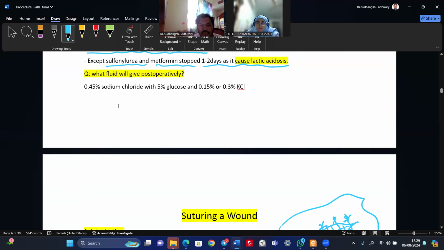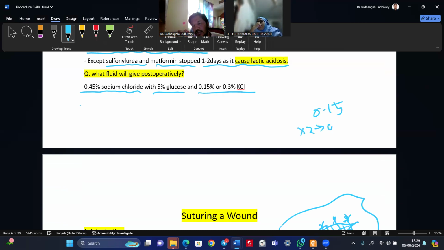Fluid to give post-operatively? 0.45% sodium chloride with 5% glucose and 0.15%, or if you make it double, 0.3% potassium chloride.